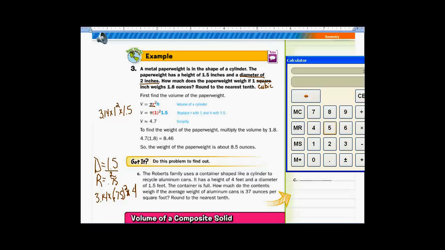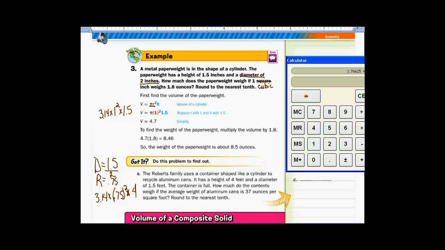And if you don't have a square button, which I do, you could always do 0.75 times 0.75, right? That is the area of one layer. And how many layers do you have? 4. 7.065. So that's the volume of it.